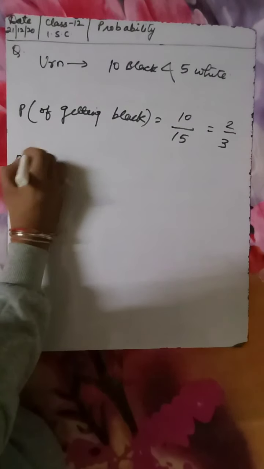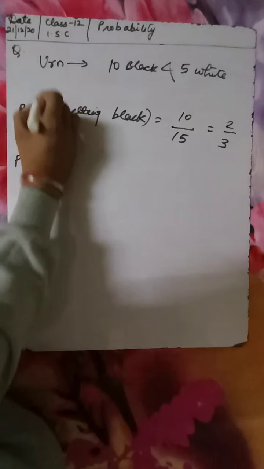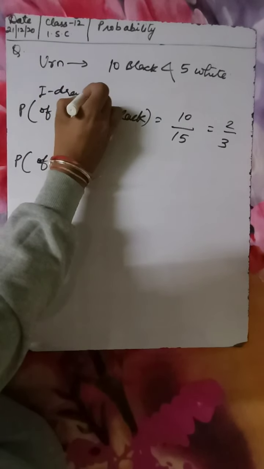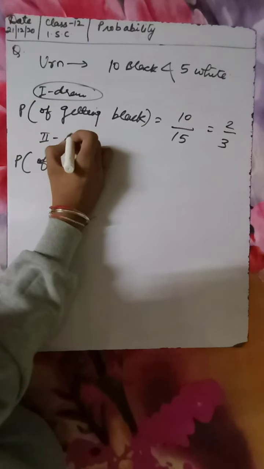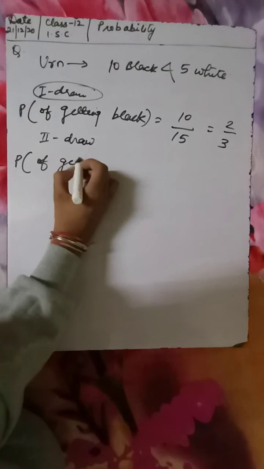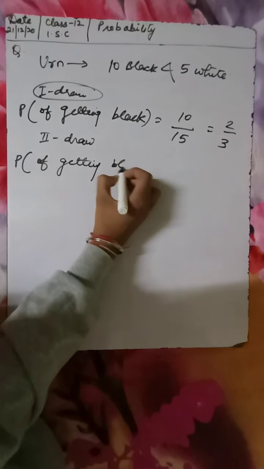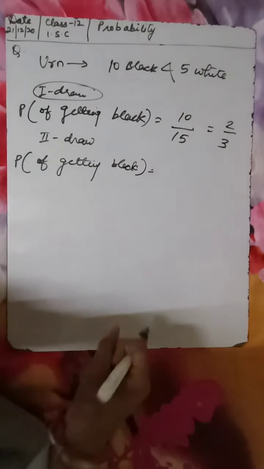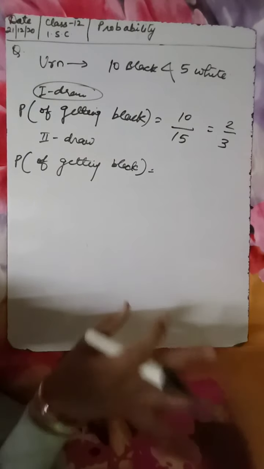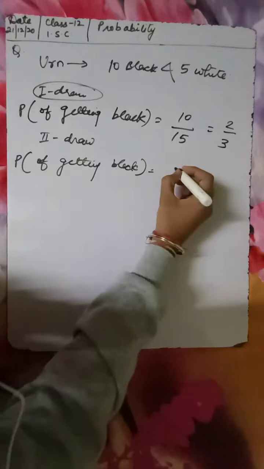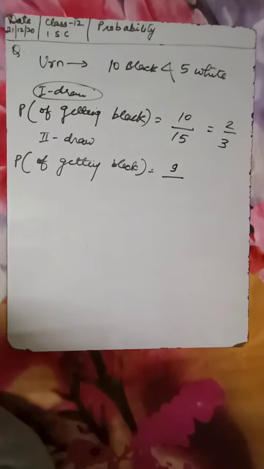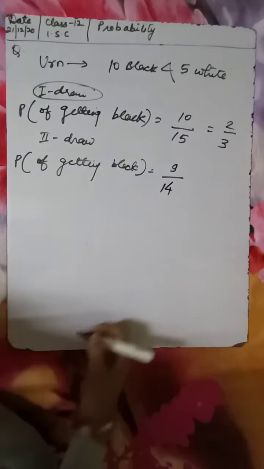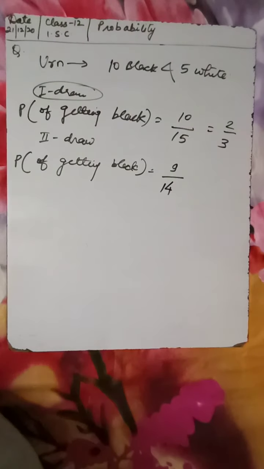Now for the second draw, what will be the probability of getting a black ball? From the 10 we have taken one ball, without replacement, so we are left with 9 black balls, and totally we have only 14 balls, so 9 by 14 will be the case.